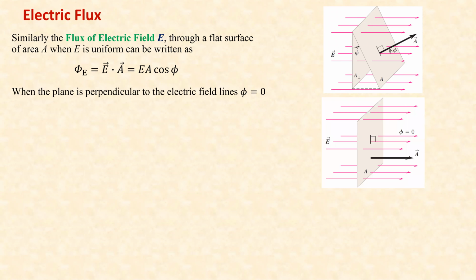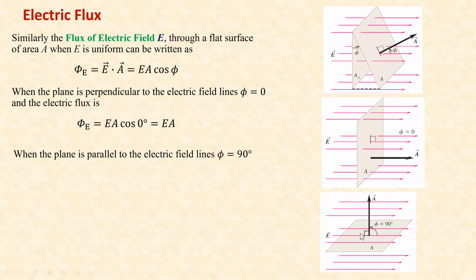So we see that when the plane is exactly perpendicular to the electric field, the area vector, which is perpendicular to the plane, is in the same direction as the electric field, and phi is 0. Cosine of phi is 1. Then you get the maximum flux through the surface. So the flux becomes E times A. When the plane itself is parallel to the electric field, the perpendicular to the plane is perpendicular to the electric field, and phi is 90 degrees.